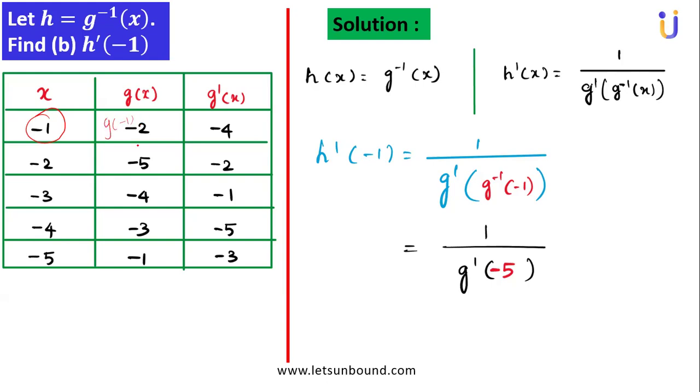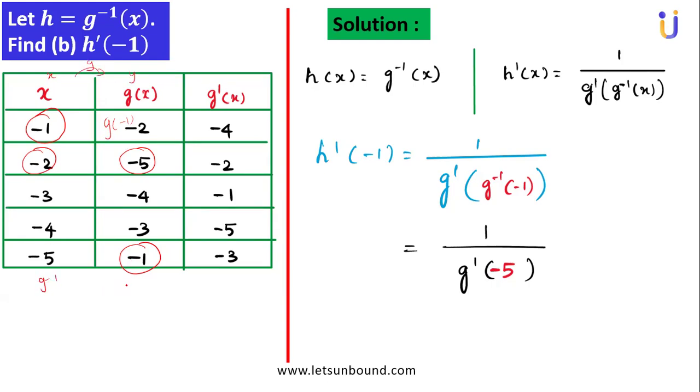But what is g inverse of minus 1? You have to check in a reverse way because this is your input and this will be your output. Right? So for g inverse of minus 1, in g you have to look for minus 1 because it's exchanging. If this is your x and this is your y connecting g, then y will be your input in the g inverse function.